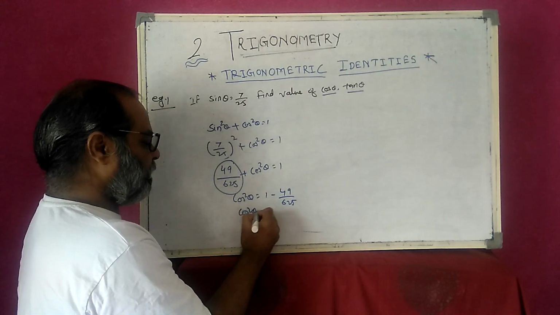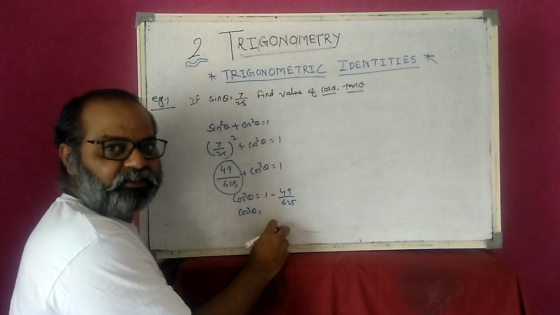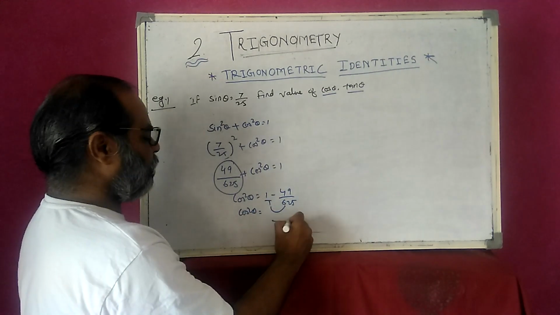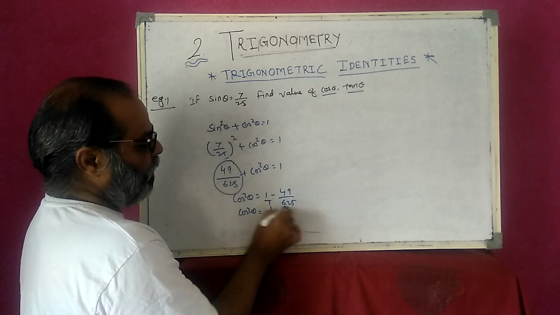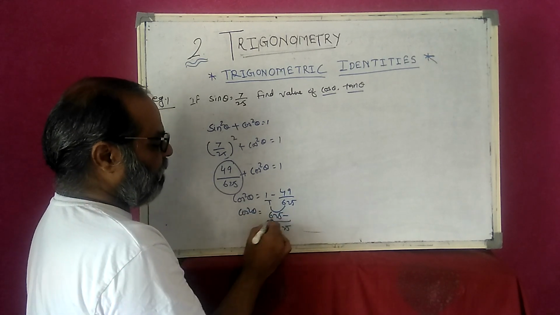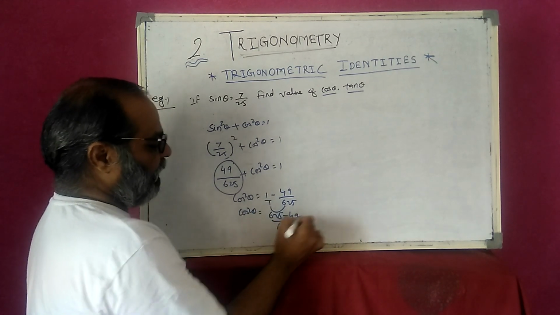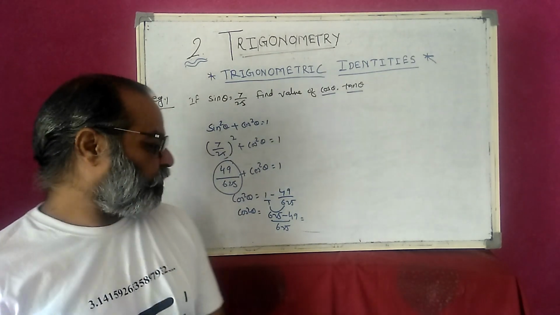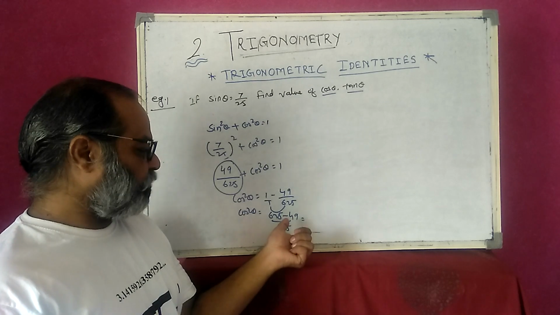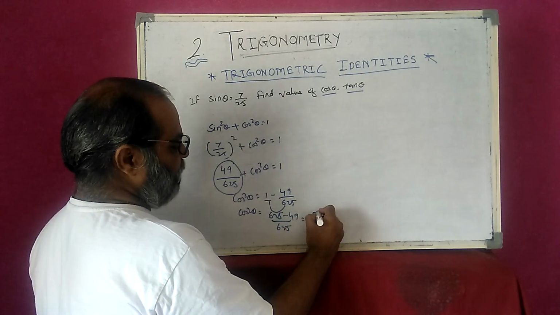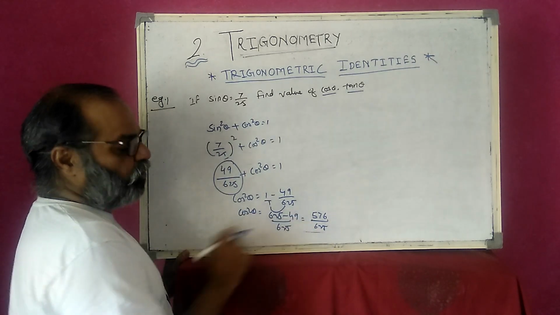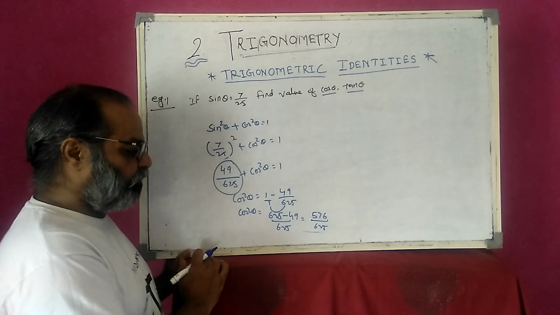So cos square theta is equal to, I take the LCM here, 625. 1 into 625, 625, minus 1 into 49, 49. 625 minus 49 is 576 upon 625. So cos square theta is equal to 576 upon 625.